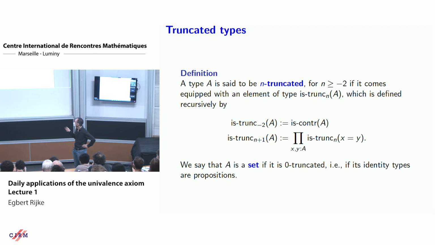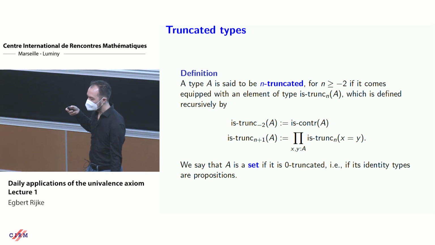And then you can go on inductively: a type is -2 truncated if it's contractible, and it's n+1 truncated if its identity types are all n truncated. So this gives us a whole hierarchy of types that starts at the very bottom, two levels below ground, with the contractible types.